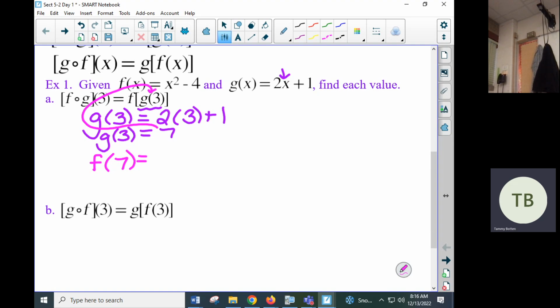What that means is take your f function and put 7 in for x and evaluate it. So you'd go 7 squared minus 4. 7 squared is 49. 49 minus 4 is 45. That would be our final answer, is the 45.